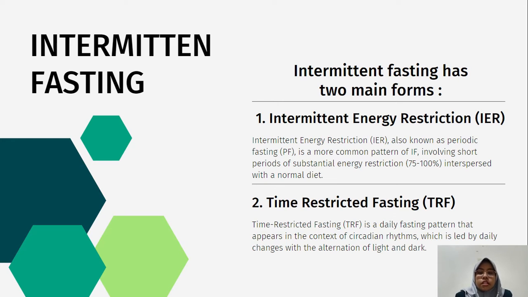Then the time restricted fasting, or TRF, is a daily fasting pattern that appears in the context of circadian rhythms, which is led by daily change with the alternation of light and dark.